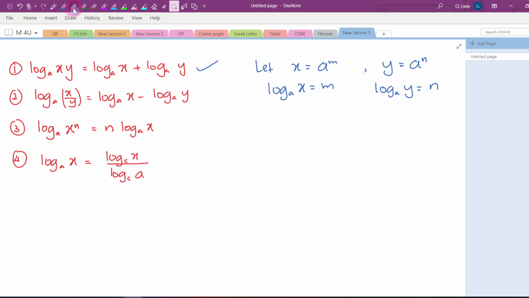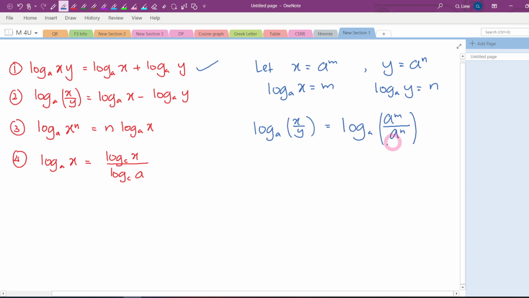Now, let's try the second one. Log base a of x over y is equal to log base a, okay, what's x? a power m. What's y? a power n. Now this time this is divided, so we can change it to a power m minus n, right? m minus n because divide.